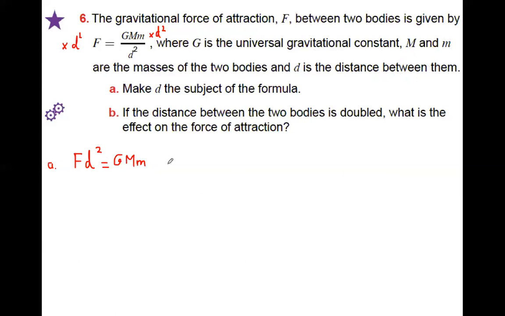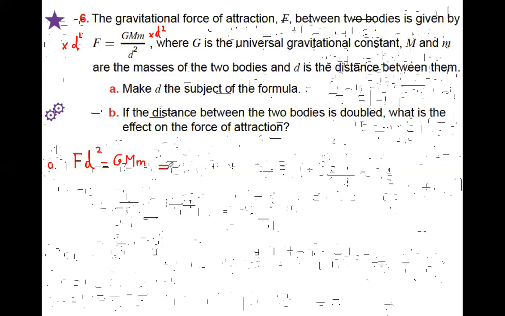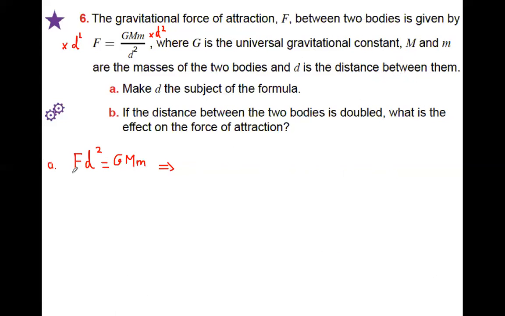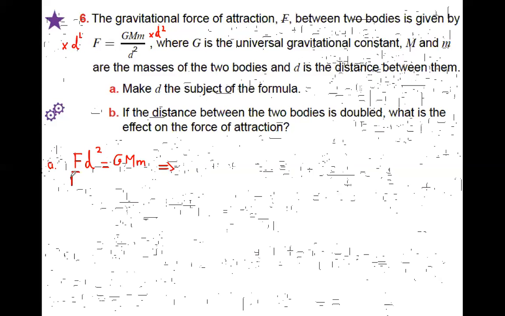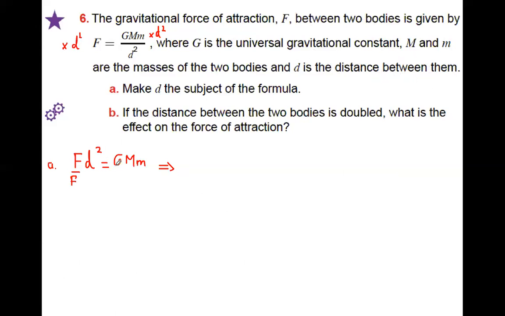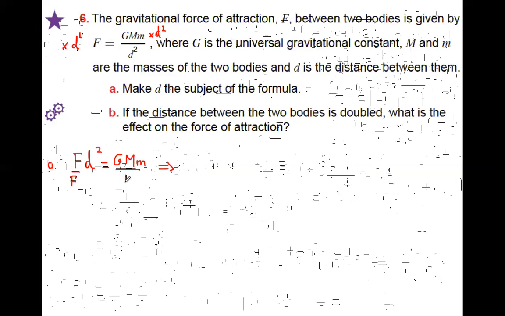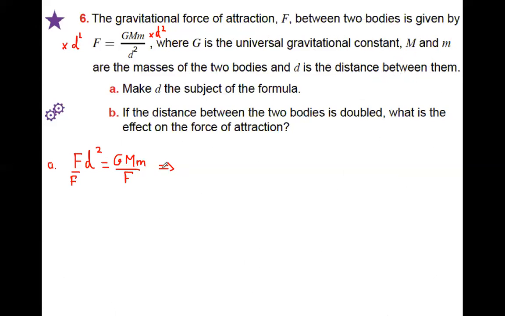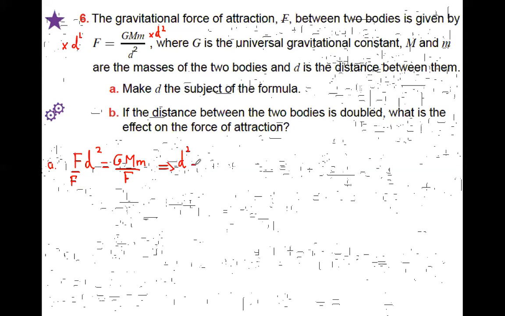Now, to make it the subject, it needs to be on its own. So we need to divide by F both sides first. Yeah? So that means D square is G M m divided by F.